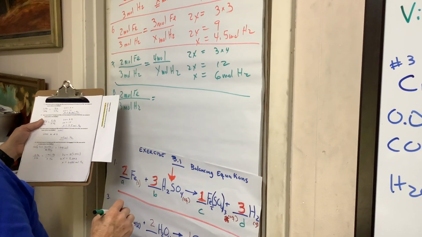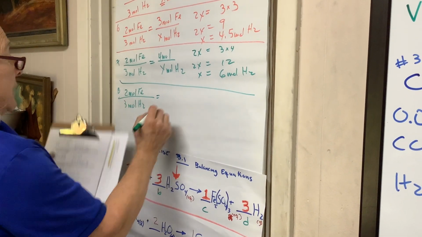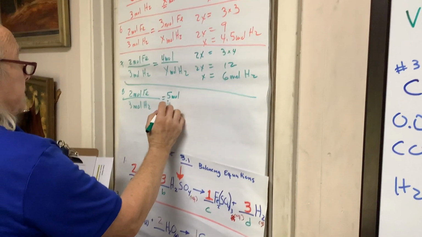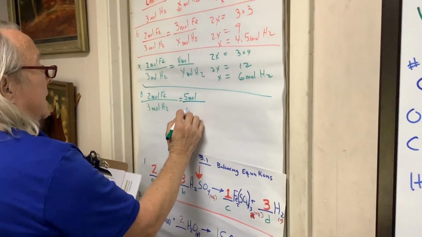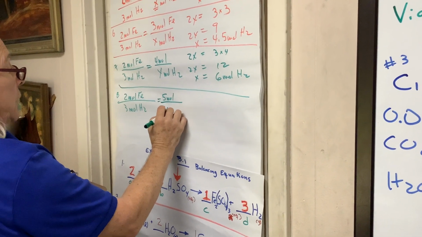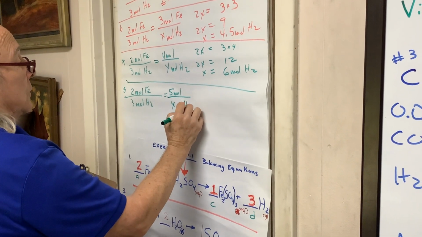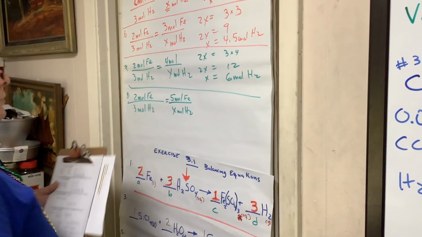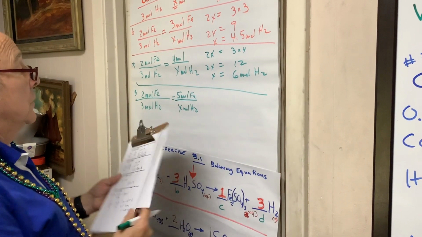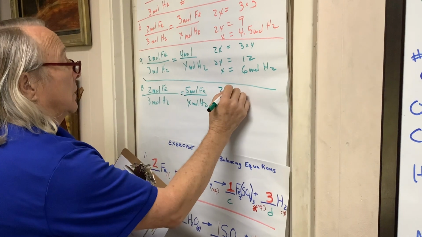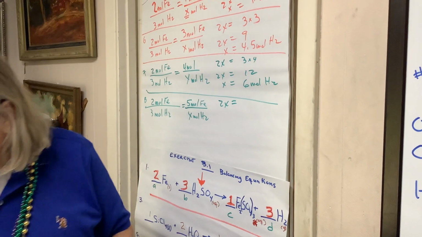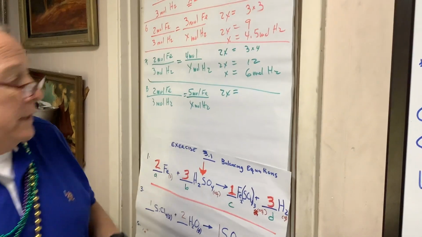But now it asks, you're starting with 5 mole. Okay? And now I want to know how many moles, x mole of hydrogen, will I produce from that 5 moles of iron? Well, just look at this. 2x equals 3 times 5. Cross multiply.